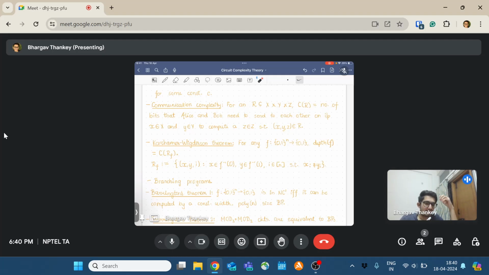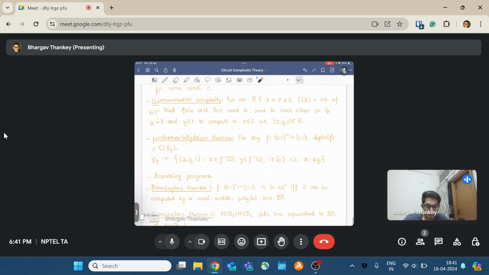So every path corresponds to a string. If P is a path from S to T0 and it corresponds to x, then x is not accepted by the branching program. And if it's a path from S to T1, then x is accepted by the branching program. So a branching program also computes functions, just like circuits and formulas.